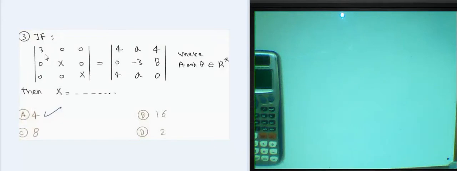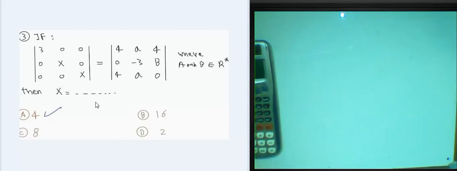Determine the matrix 3, 0, 0; 0, x, 0; 0, 0, x equals the determinant of 4a, 4, 0; negative 3, b, 4a, 0, where a and b belong to R star. The next equals what? We can solve this matrix here.